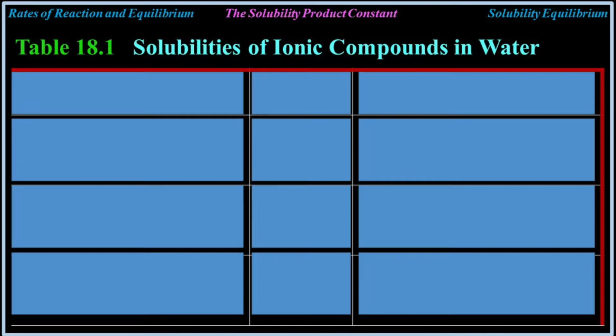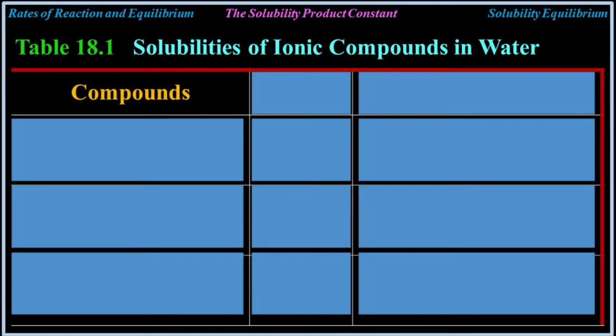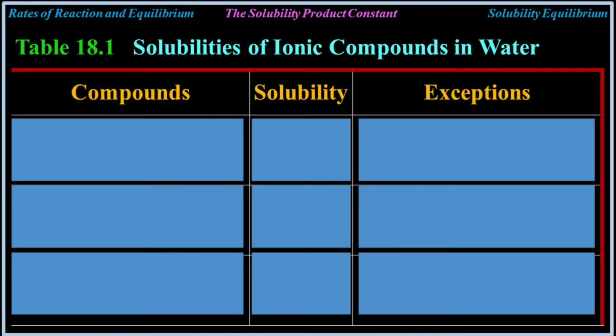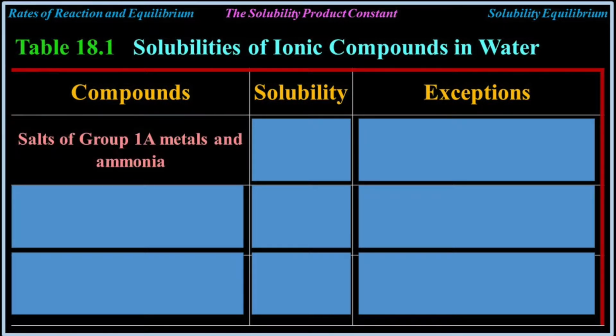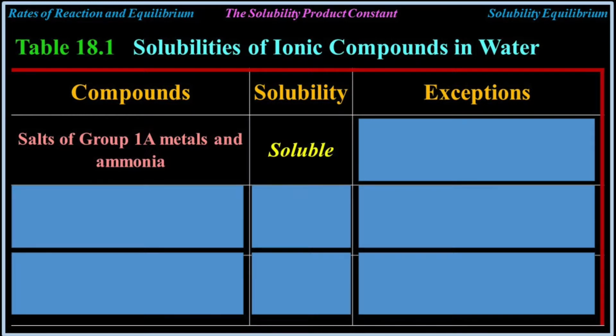Here is table 18.1, solubilities of ionic compounds in water. First, I'm going to uncover the compounds, then the solubility, then the exceptions. So study it carefully and see if you can draw some conclusions. I'll simply let this run for a minute.